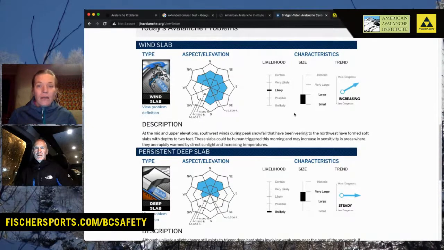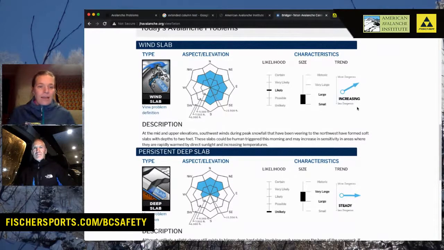And then the size of it, small or large. Large to me means definitely big enough to bury a person. And then is the trend increasing or decreasing? So is it getting worse during the day, or is it decreasing or staying the same? In this case, we must have a decent bit of snow to blow around if they're saying it's going to increase during the day.